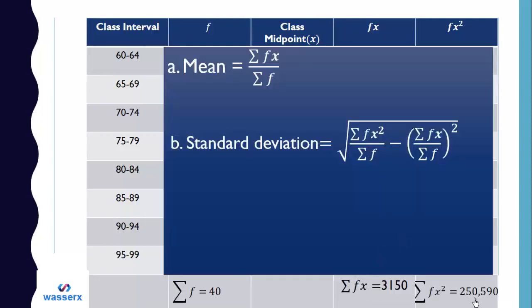So we found the totals to be these values. We substitute them into the formula to find the mean, and this will give us 78.5.